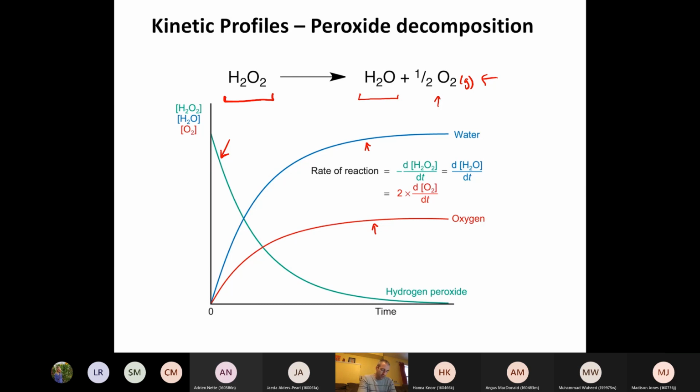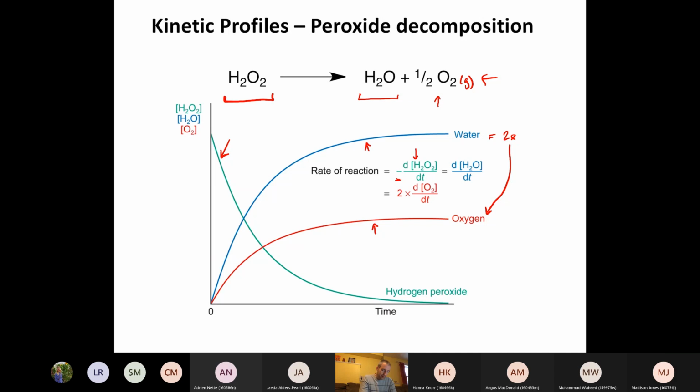So whatever water is equals 2 times whatever oxygen is, because of the stoichiometry. So the rate of the reaction at any point in time would be equal to the first derivative, the slope, of the green curve, which is disappearance of starting material. And we have a negative sign in front because it's a reactant that's disappearing.